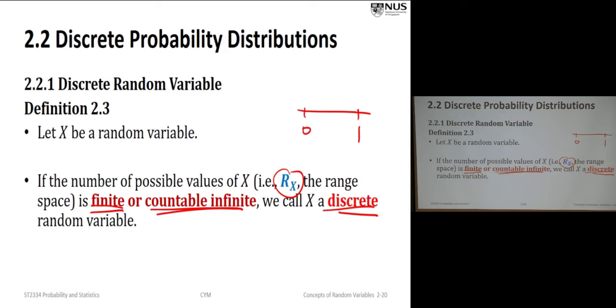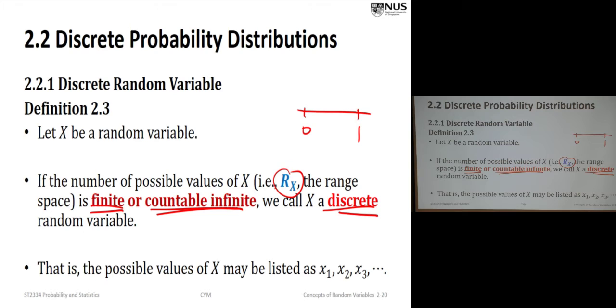Just like how many points are there between 0 and 1? You cannot count, because no matter what 2 points you take, we can always find one in the middle. So it's uncountably infinite. Bear in mind that discrete basically says your x values are finite, or even if infinite, you can still count them. That is discrete.